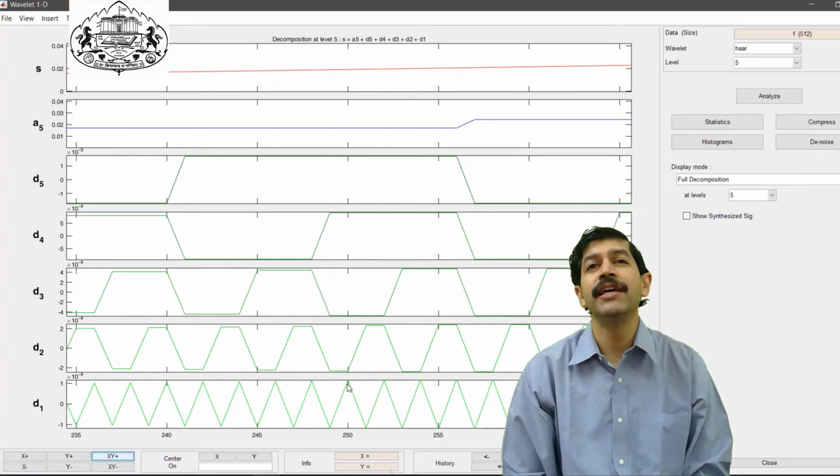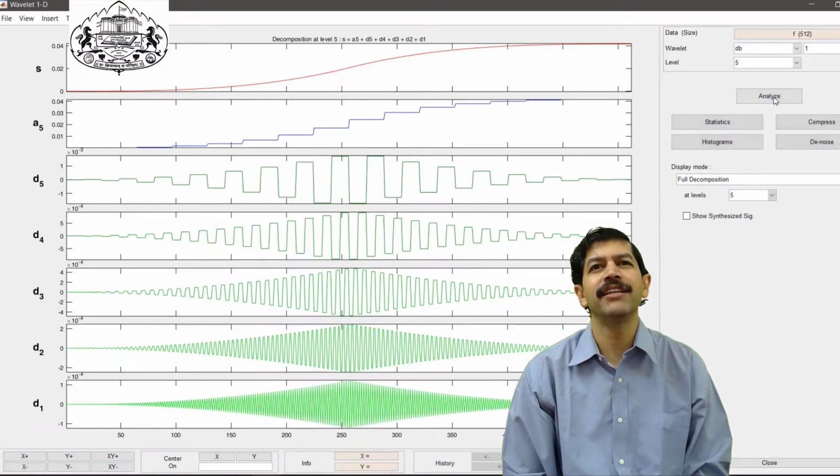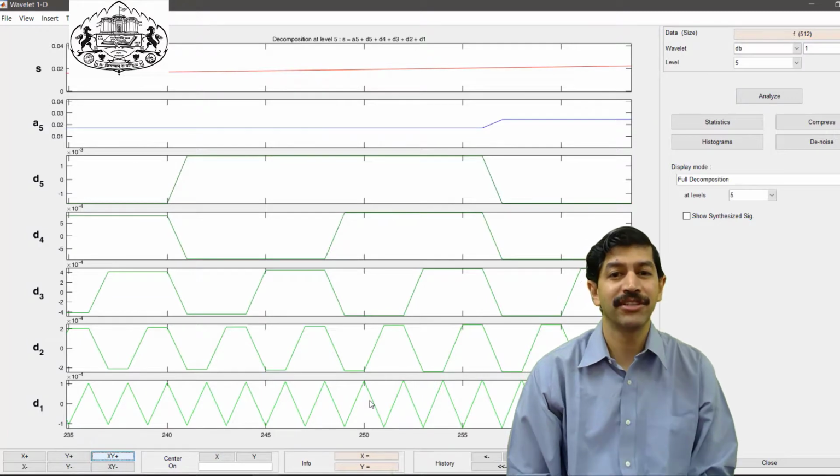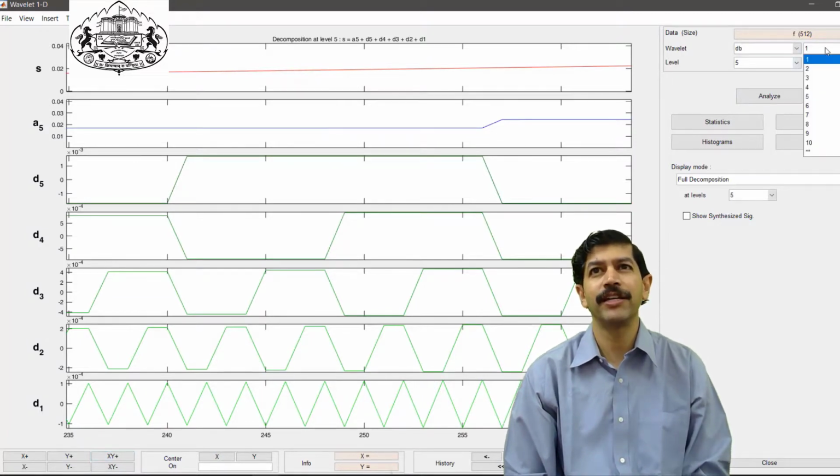That means the hidden discontinuity was clearly missed out by Haar. And Haar and dB1 are one and the same. So dB1 essentially gives us the same analysis, and if you zoom on to this part again, there is no disruption in the pattern, so the discontinuity is clearly missed and Haar was not able to find it.